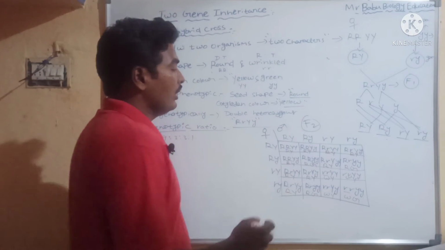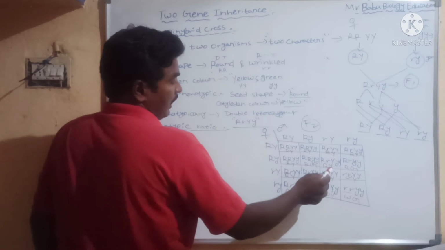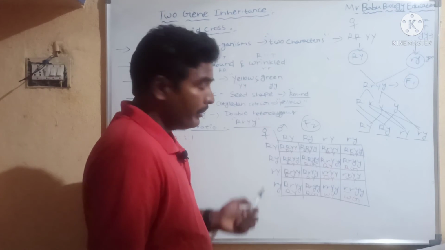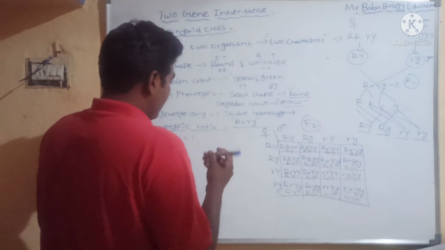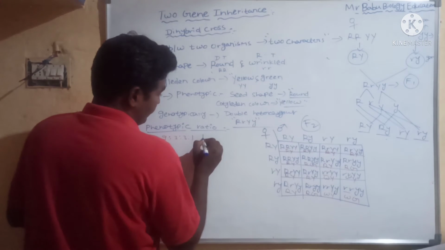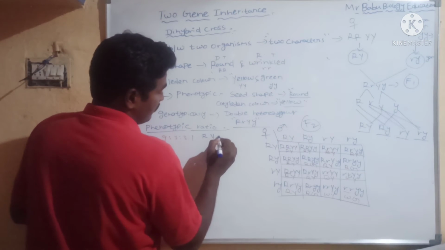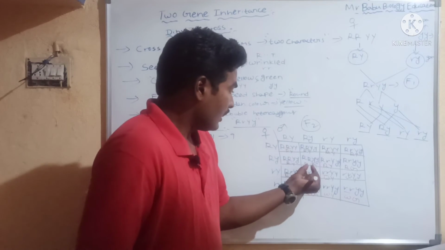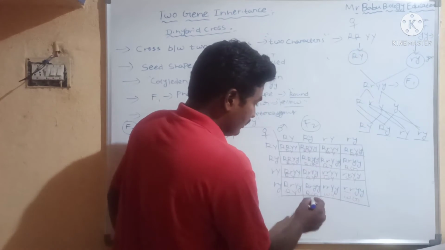Count how many round yellow there are here. 1, 2, 3, 4, 5 and 6, 7, 8, 9. Round yellow, how many? 9. So here round and yellow is 9. Now round green, how many? 1, 2 and 3.